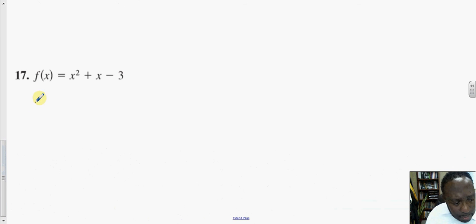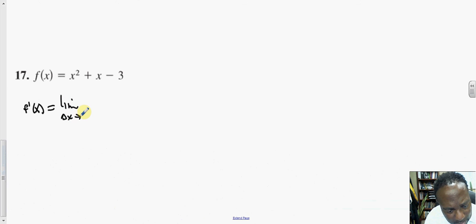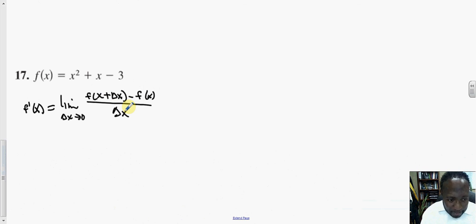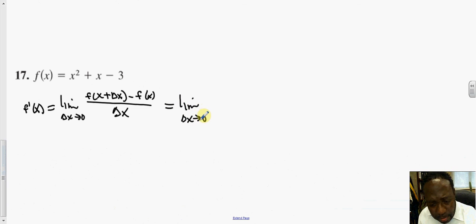Let's look at this one. So f prime of x is equal to the limit as delta x goes to 0 of f of x plus delta x minus f of x, all over delta x. So this is the limit as delta x goes to 0.